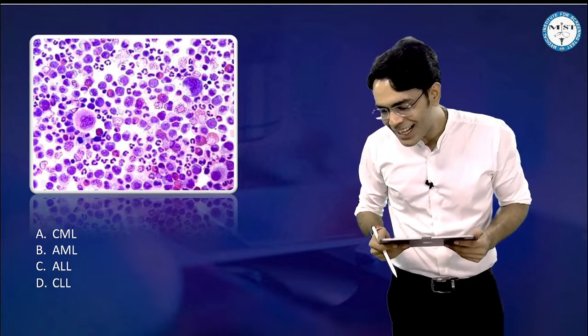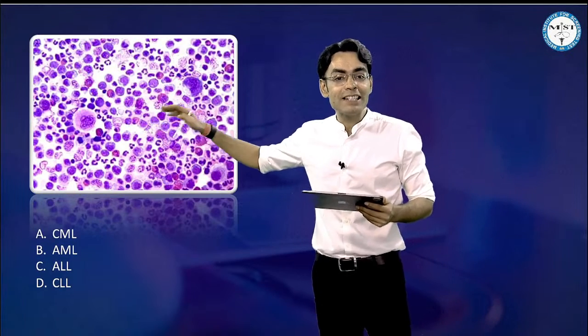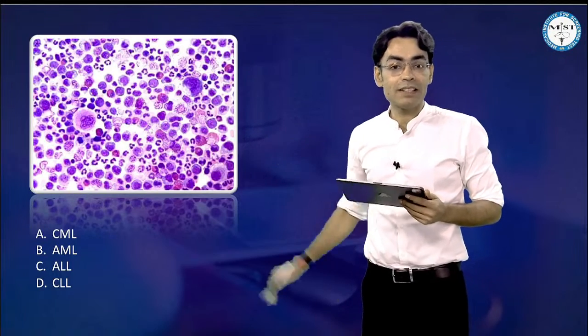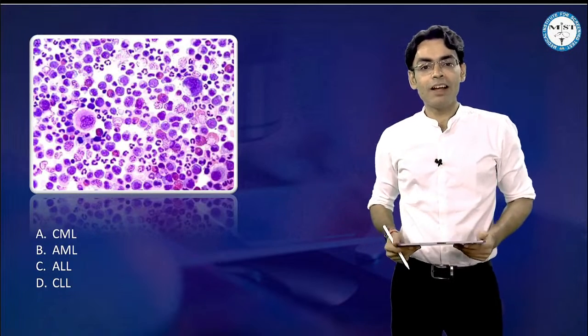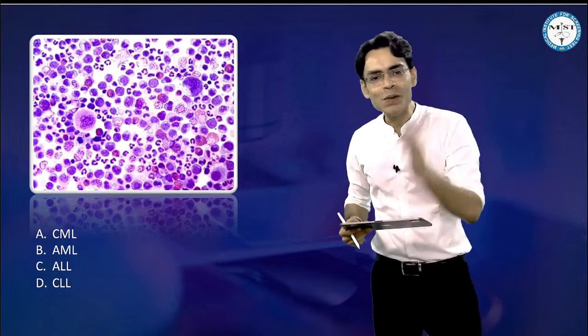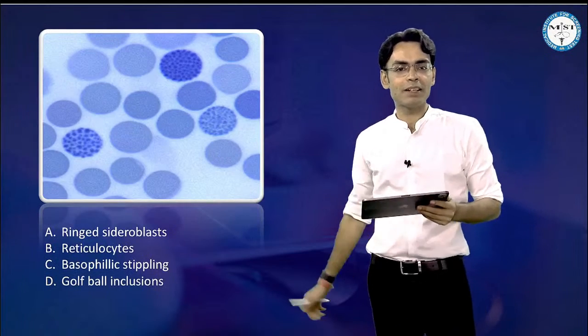Oh yes. Very good. This is your garden party appearance. This is your college girl appearance. Seen with which kind of leukemia? Chronic myeloid leukemia. So the correct answer is A. Chronic myeloid leukemia. See these cells.